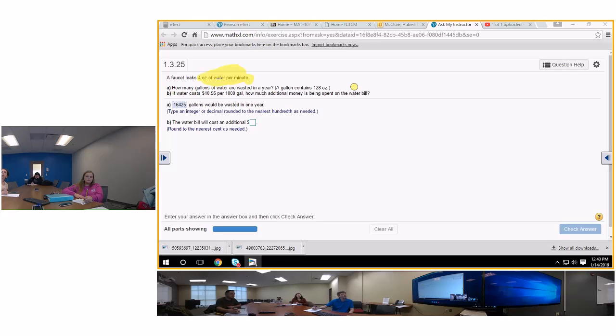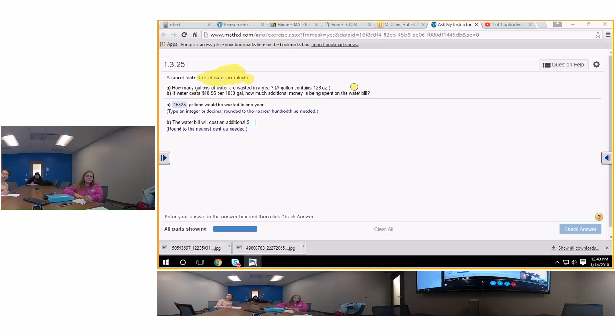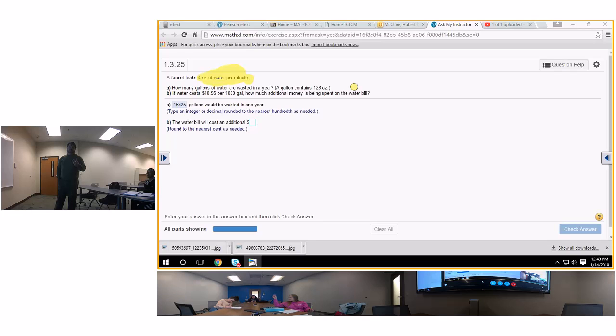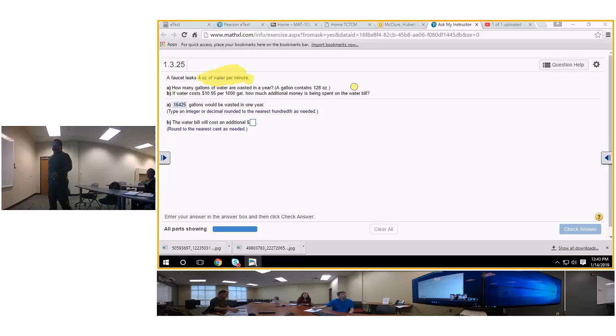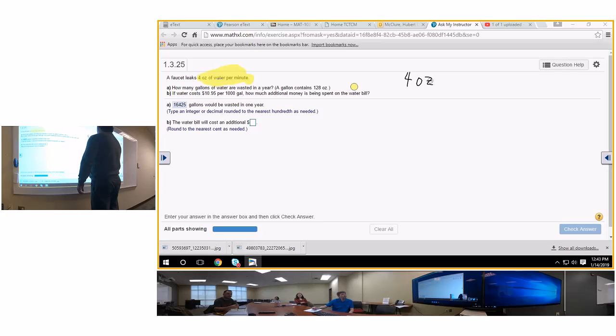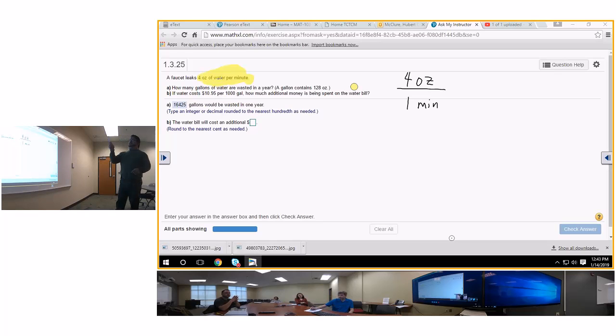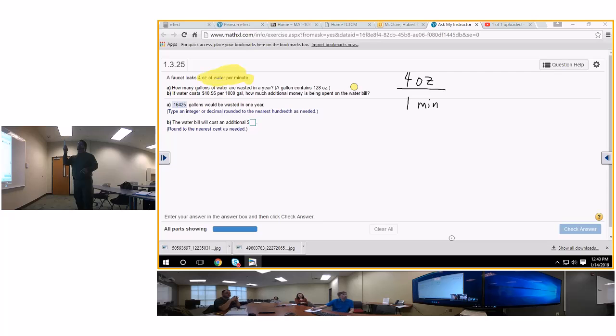Nope. Addition? No. Subtraction? No. Division. It's division. 4 ounces per what? 60 seconds? 1 minute. That is the secret to doing this problem. You set it up from the first sentence.